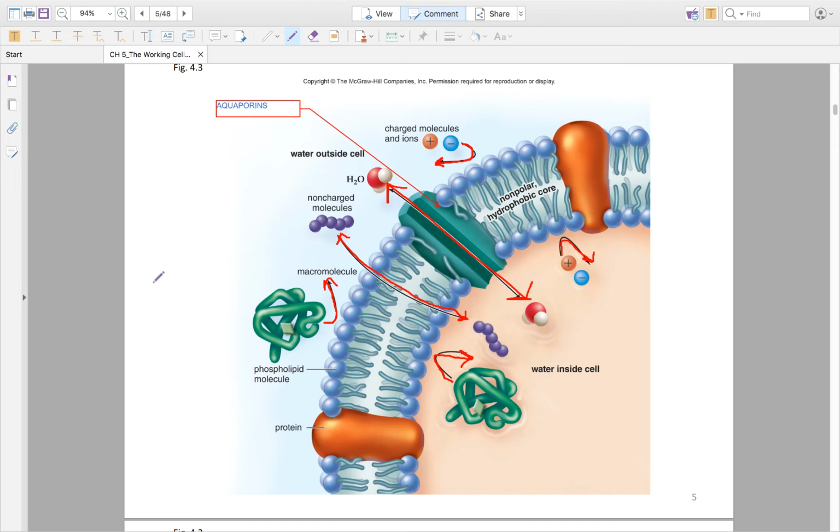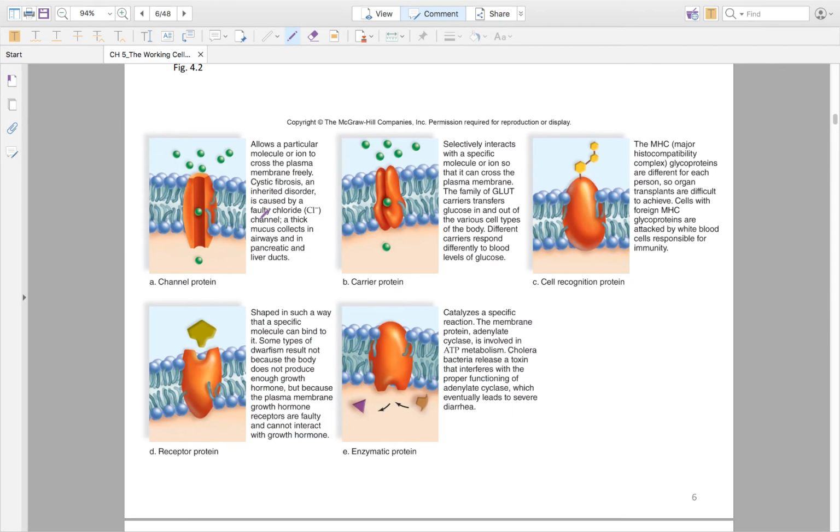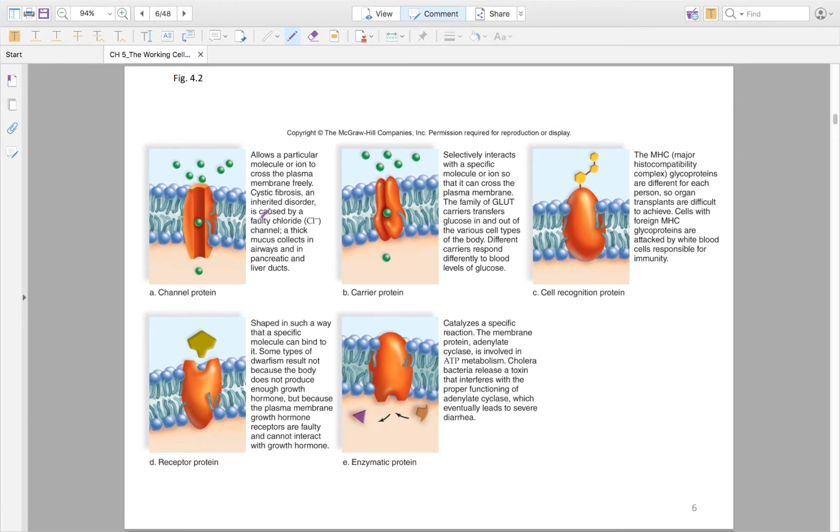All right, so what can get through? Again, water, small, non-charged molecules can move through. What cannot get through? Ions, charged molecules, macromolecules. Okay, very good. Now, what if something needs to get through the cell and it has a charge? What then?